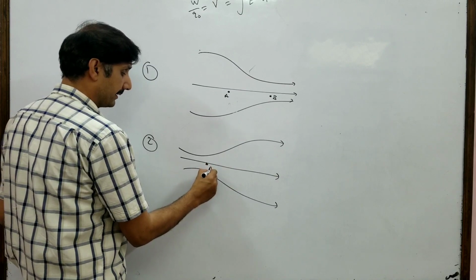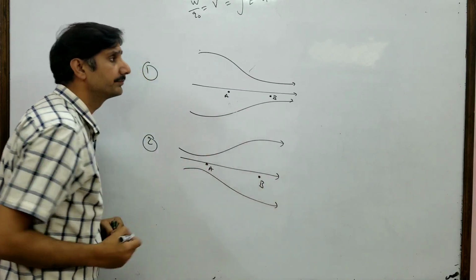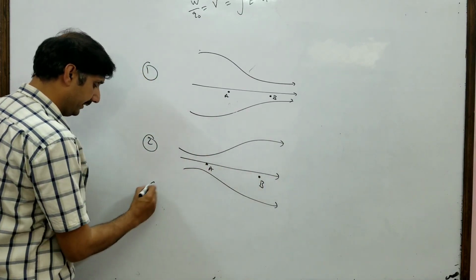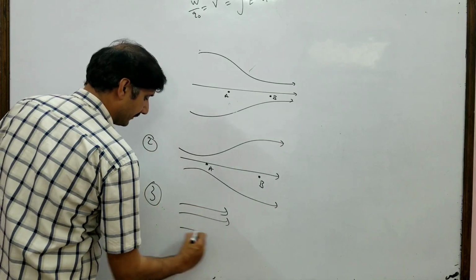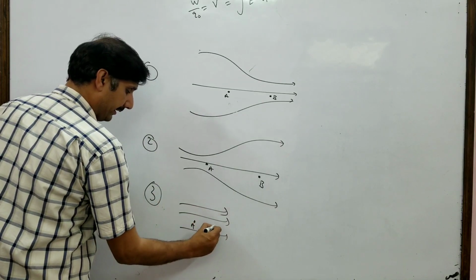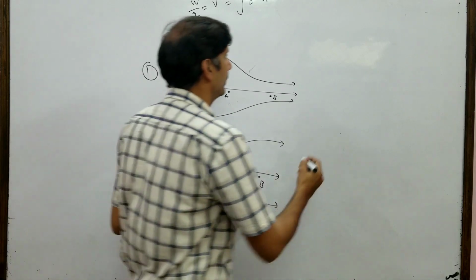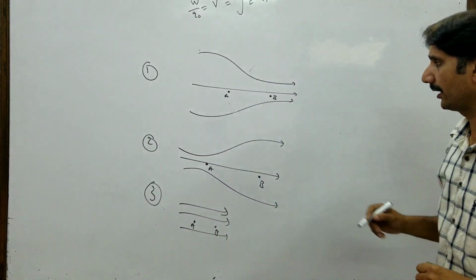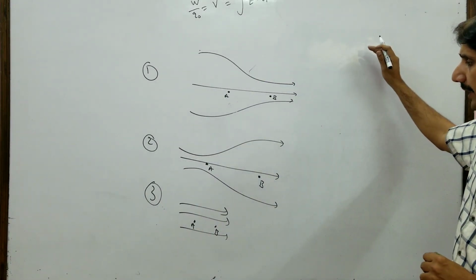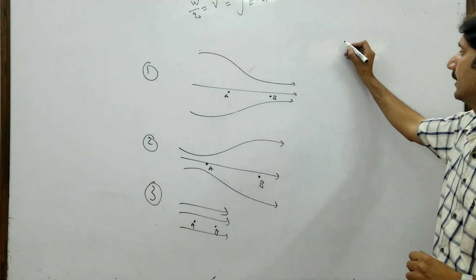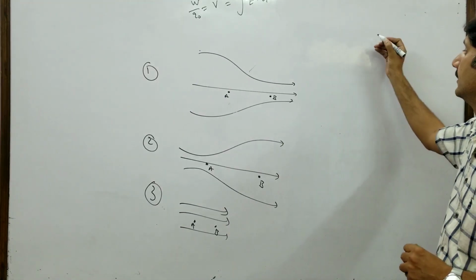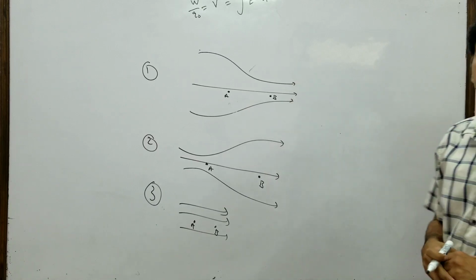Let's say this is point A, this is point B. I discuss case number 3. Let's say it's something like this, point A and point B. Three cases are enough.